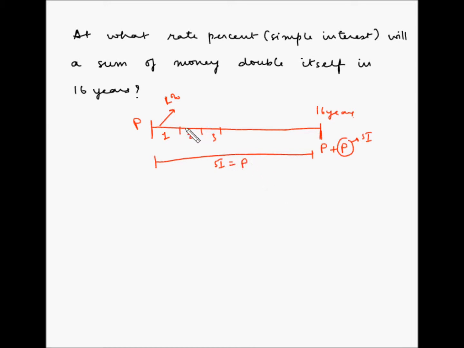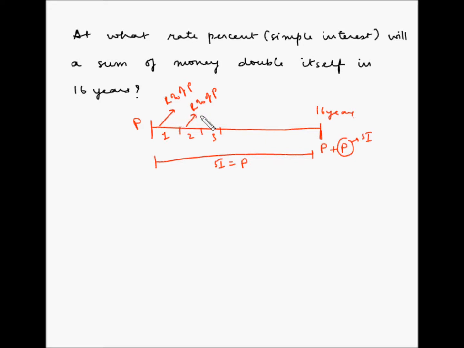Now since this is simple interest, the first year the interest is R percent of P, again the second year it is R percent of P, and so on.